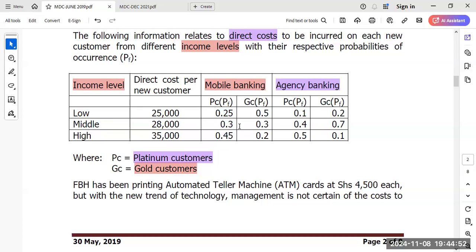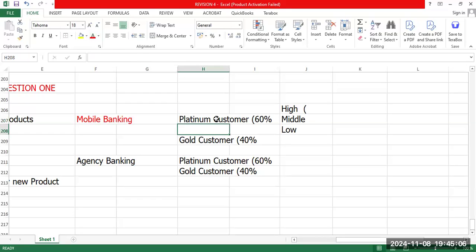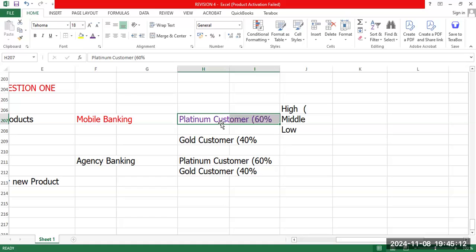A platinum customer with the middle income level, the probability is 0.3. So when I'm handling mobile banking and the customer is a platinum customer, I expect high, middle, and low as their income levels.